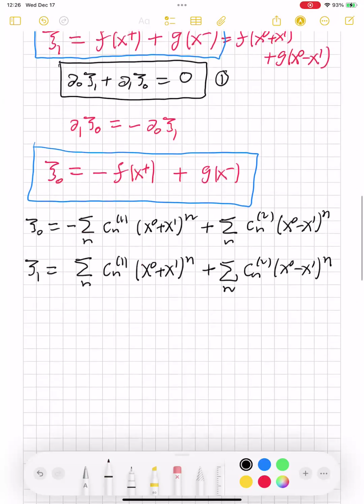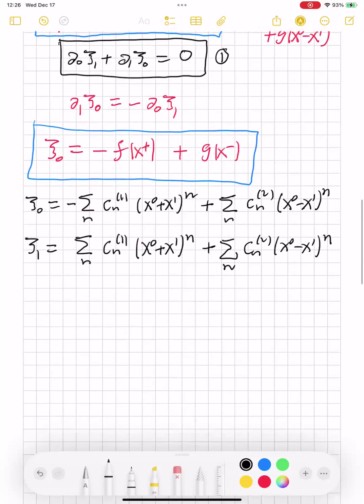So our parameters would be the Cn1s and the Cn2s, which means there's an infinite number of conformal transformations. They're again specified by two functions, f of x plus and g of x minus. When we were studying Euclidean space, our conformal transformations were specified by f of z and f bar of z. So that again was two functions. So this is a nice matching between the two.